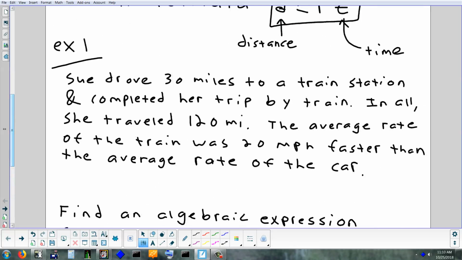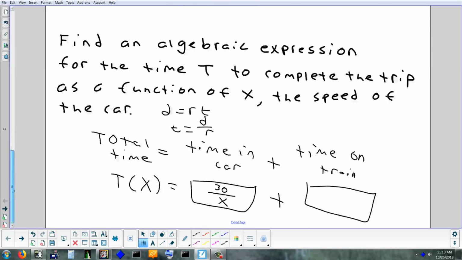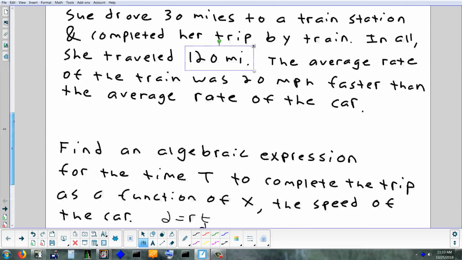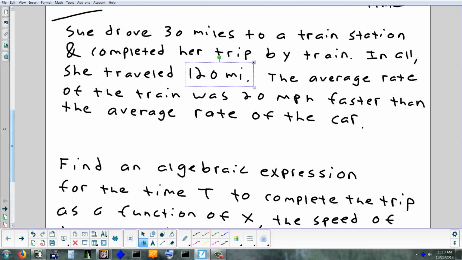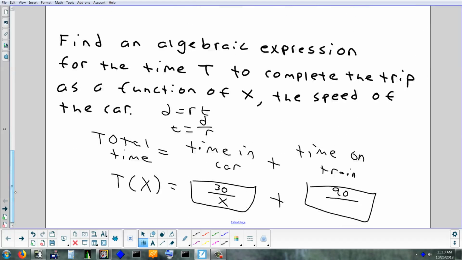We're not given that, but she did 30 in the car and 120 altogether, so it must be 90 on the train. So the time on the train is 90 divided by the rate of the train. It's 20 miles per hour faster than the car, so if the car is x, the train is x plus 20. There's your equation that gives you the time of the trip as a function of how fast she drove in the car.